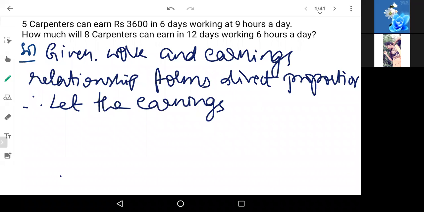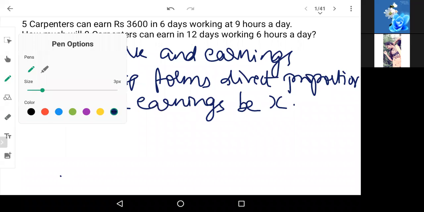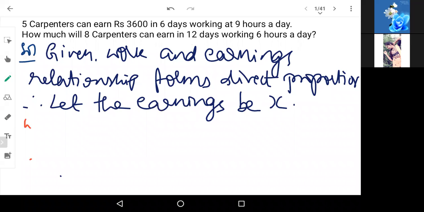The wages or salary for 8 carpenters. So let the earnings be X. So we have the work ratio. Let me use the other color. Now what is this work ratio?